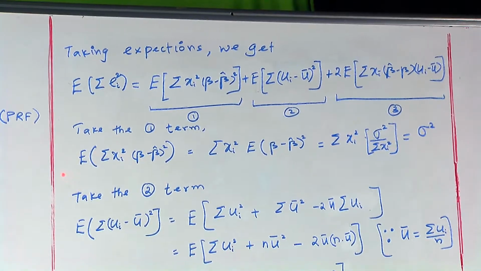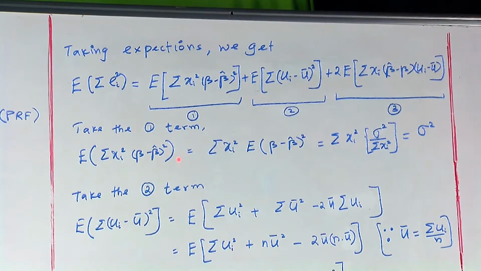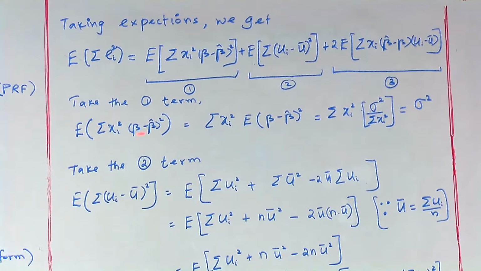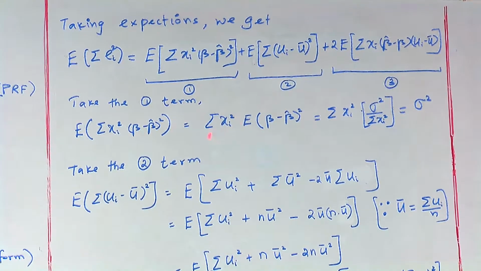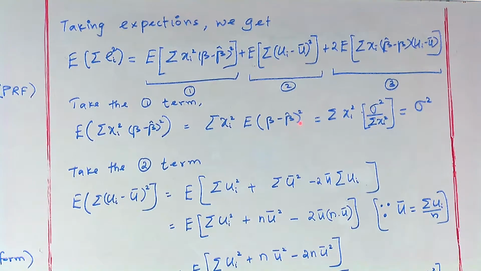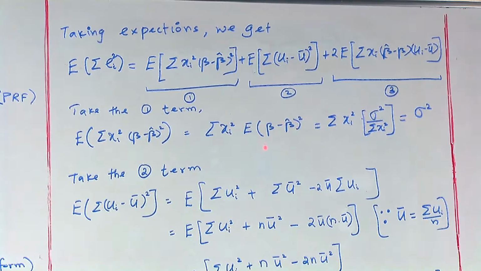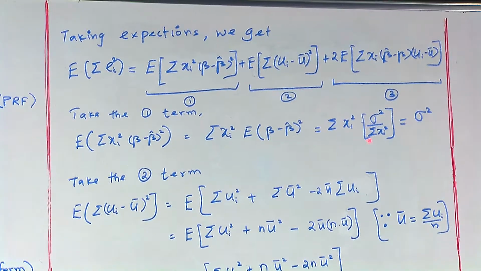Let us take the first term, expectation of Σxi square (β − β̂) square. So that is equal to Σxi square, and the expectation we take inside: Σxi square times the expectation of (β − β̂) square. We all know this is the variance of β̂, that is equal to the constant σ square divided by Σxi square.